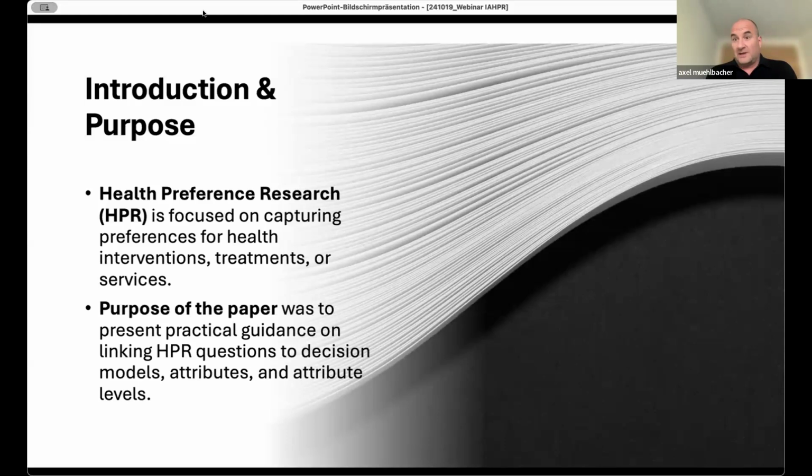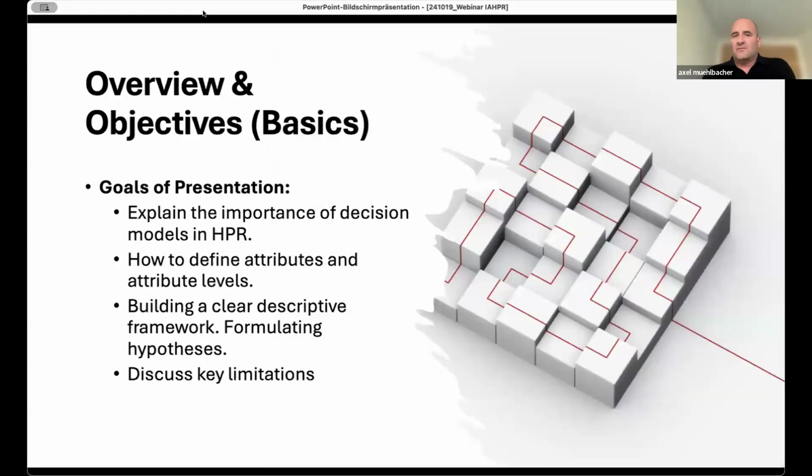So just a quick introduction: in health preference research, we're focused on capturing preferences for health interventions, treatments or services. So the purpose of this paper was to present practical guidance on linking HPR questions to decision models, attributes, and attribute levels.